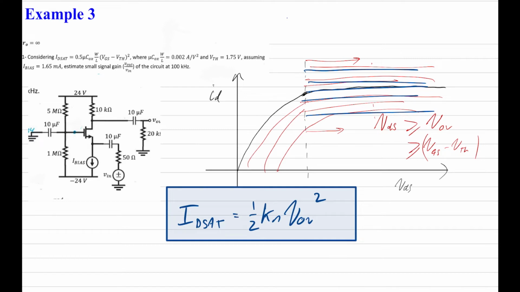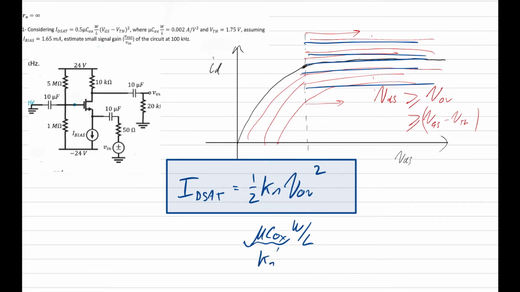And Kn is the MOSFET transconductance parameter, which is simply going to be mu times Cox W on L. Okay, and this part over here is sometimes referred to as Kn prime, and that is another type of parameter that really just relates to the material, whereas if you combine that with the channel aspect ratio, you get Kn, the actual transconductance parameter.